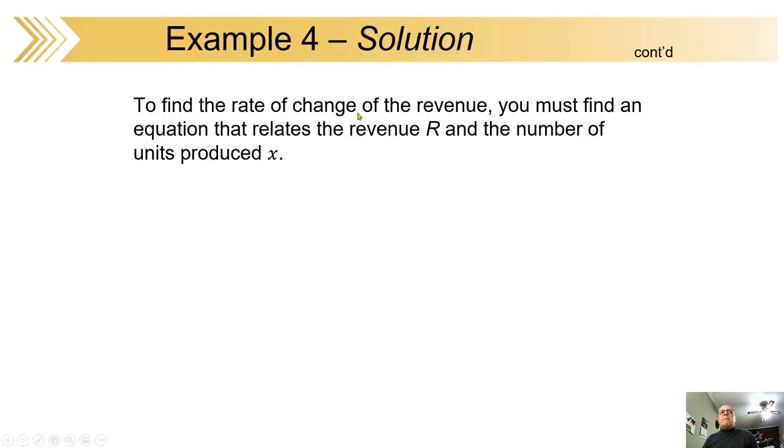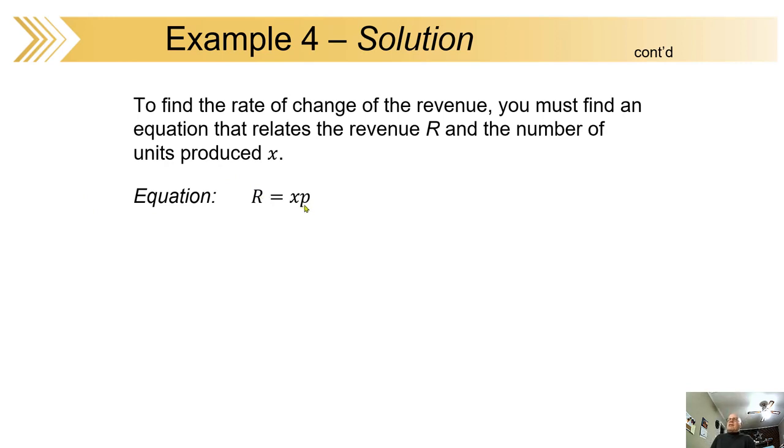So first of all, you can't go anywhere unless you have some kind of an equation that relates the revenue and the number of units. How do R and X relate to each other? There you go. This is one of those things you ought to have in your head and not have to go to some kind of table somewhere to find out. Revenue equals number of items times the cost of each of those items.